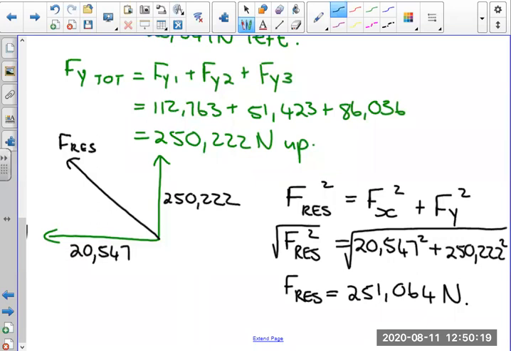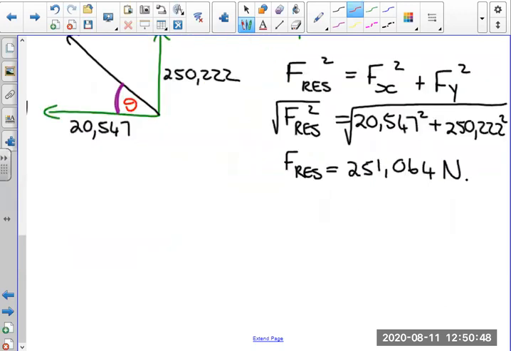So the final direction I'm going to use is this angle. Remember, it's always the angle with the x-axis, or as I showed you at the beginning, the bow tie angle. So always the angle between the x-axis and your force. This is the angle that I need to work out.